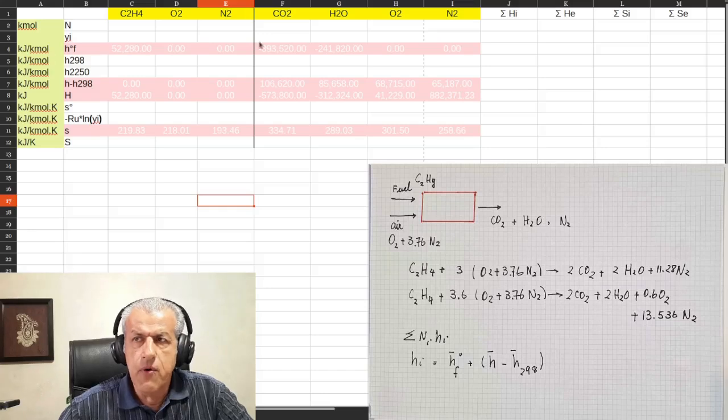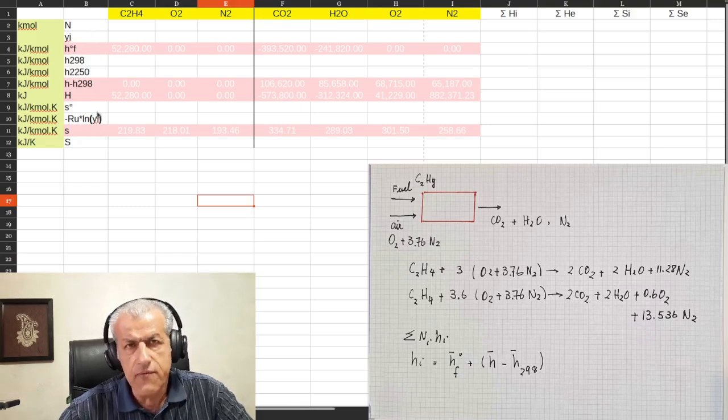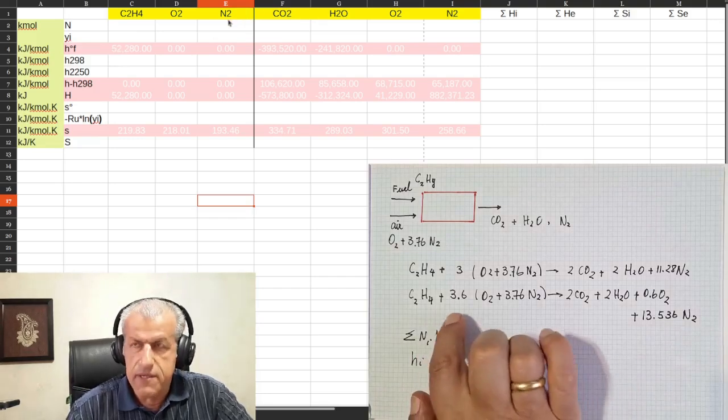Now, as before, it's a good job to have a table which gives us different reactants and different products, and also the properties that we need to calculate for each of them. This row coincides with whatever I have written here.